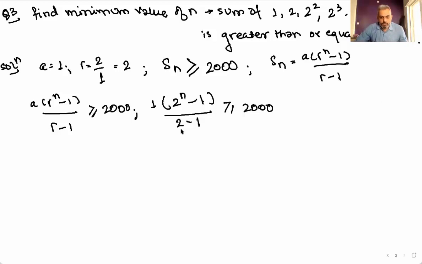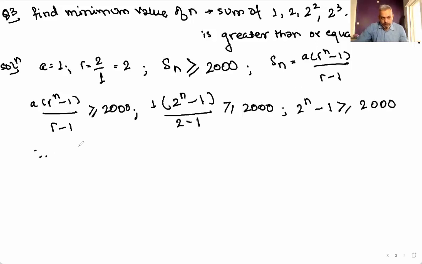So now 2 minus 1 is 1. So 1 into 2000 remains the same. Divide by 1, then also 2000 remains the same. So what we get is 2 raised to n minus 1 is greater than or equal to 2000.